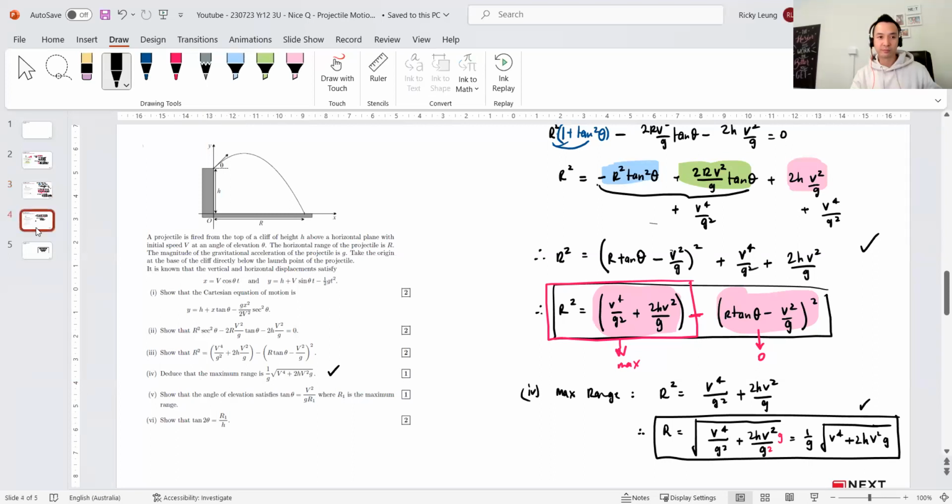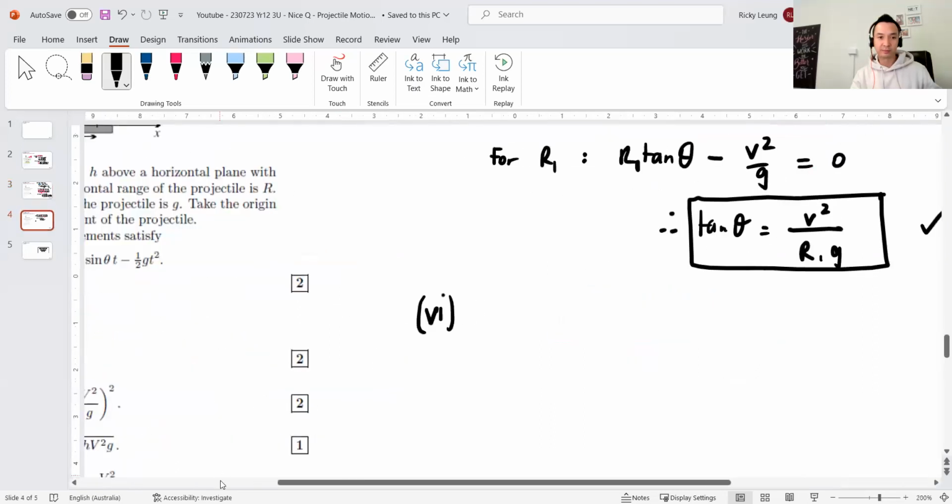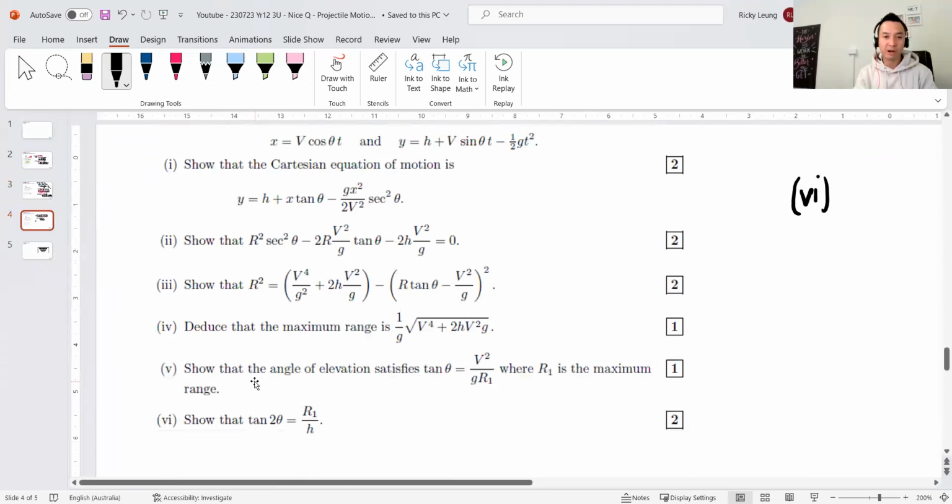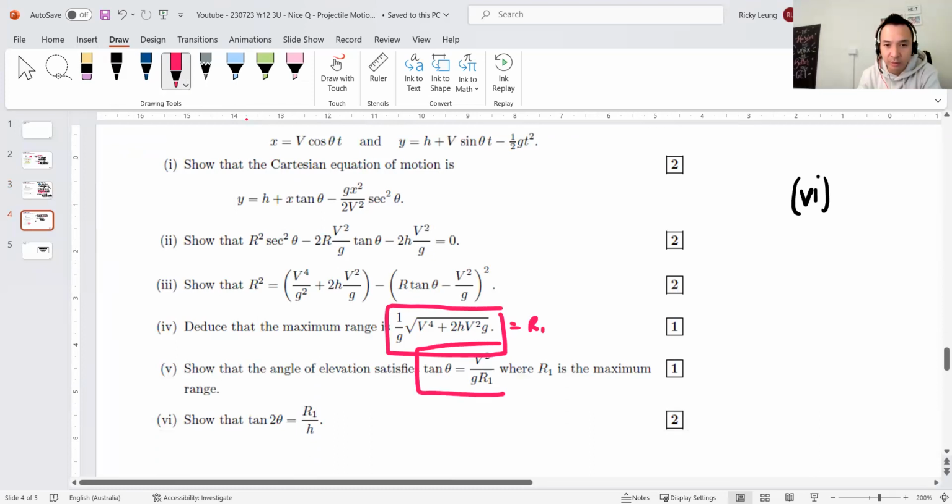So this is my R1, and I've got H, and I've got tan theta equal to this. I've got two things working for me. Let me highlight that again. This here is R1, and I've got this here. It feels like I've got all the tools to sub in and hopefully it simplifies. Let's hope it's just algebra.